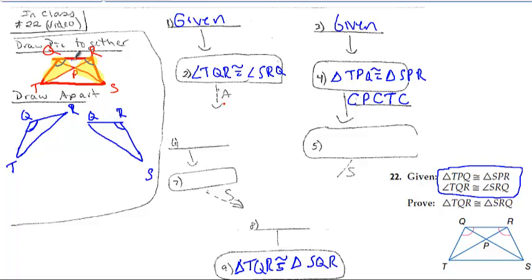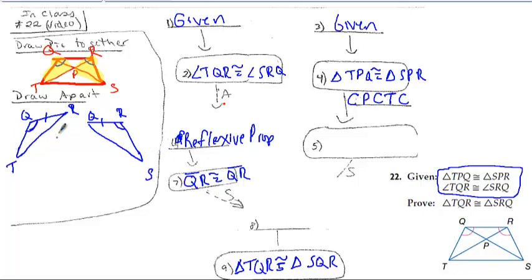They were actually the same side back up here in the original picture. So those can be marked, and we can write in our proof here, QR is congruent to QR, and that property, when it's the same on both sides, is always the reflexive property.